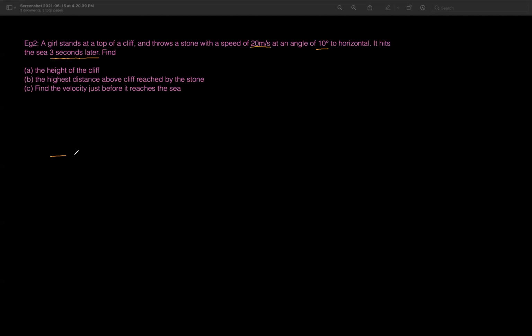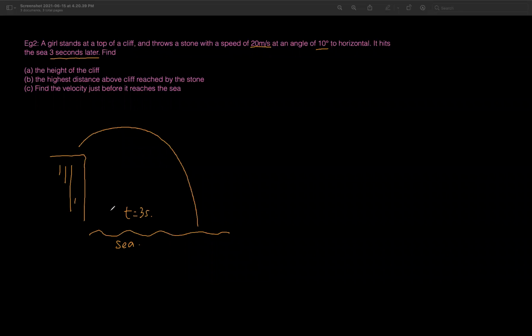Okay, let's draw it. Here we have a cliff. So she throws a stone down like this. It hits the sea 3 seconds later, meaning that the whole journey takes 3 seconds, right?